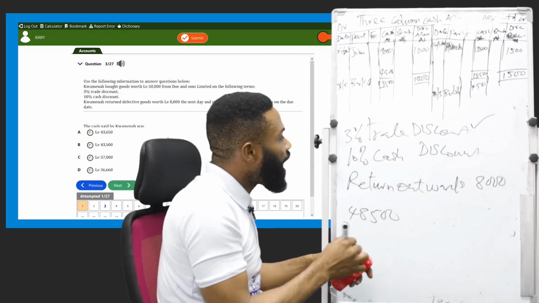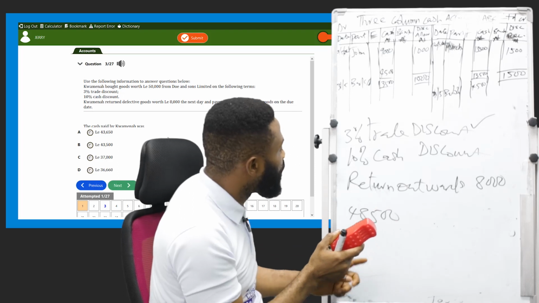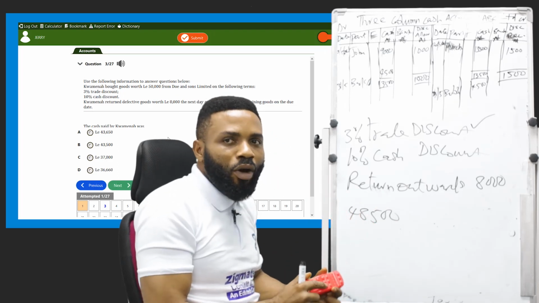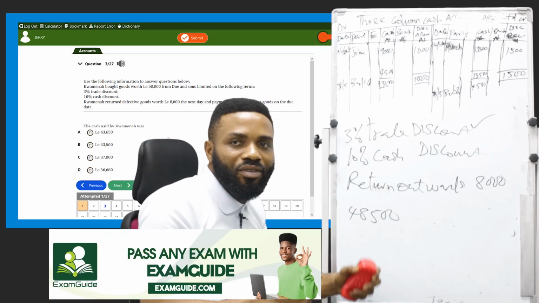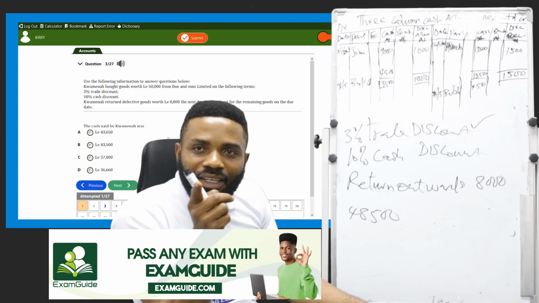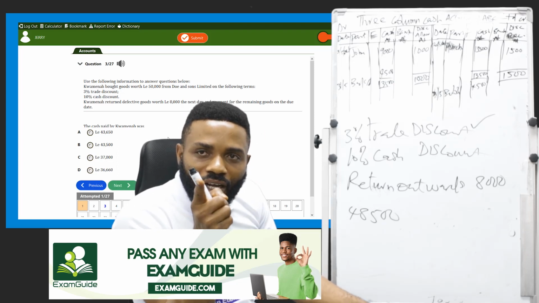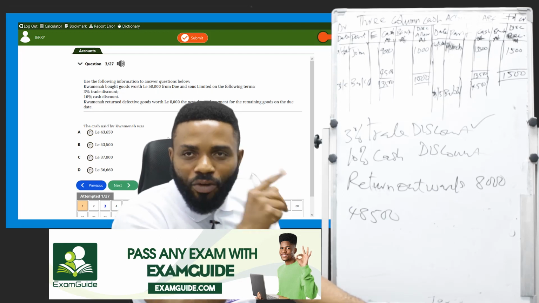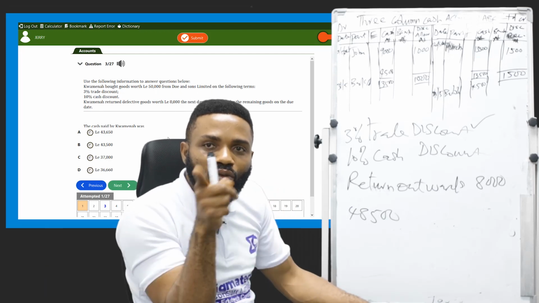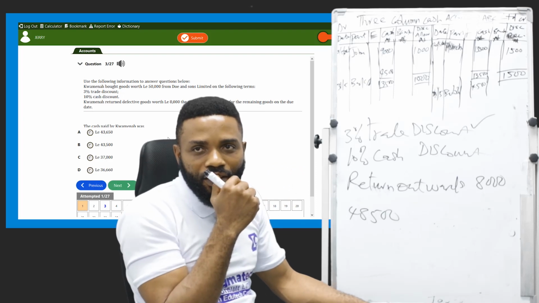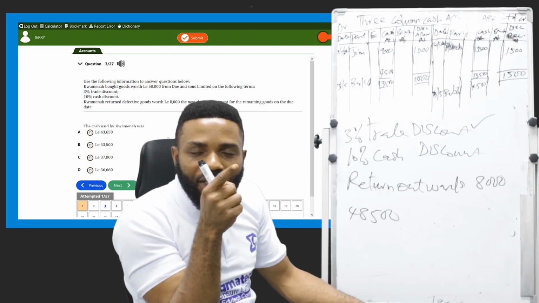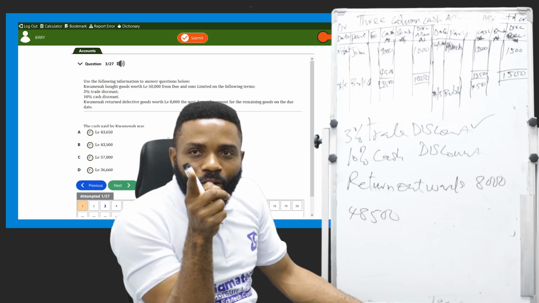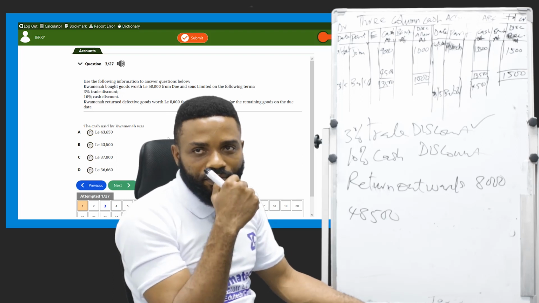They now said that there is a cash discount of 10%. But before you charge this cash discount, remember that goods worth 8,000 are returned. Since you are returning these goods to the person, you are not going to pay for them.